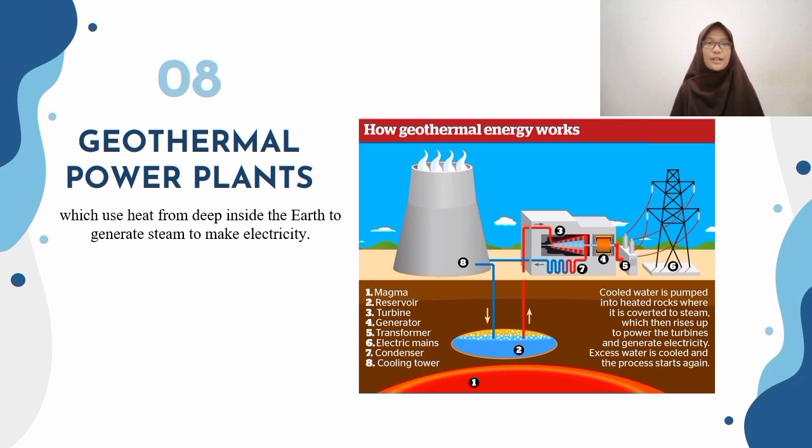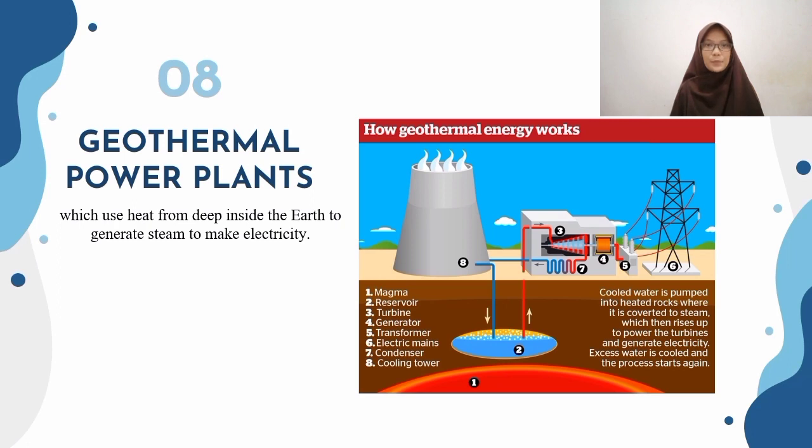And the geothermal power plants work by, first, hot water is pumped from deep underground through a well under high pressure. And then, when the water reaches the surface, the pressure is dropped, which causes the water to turn into steam.